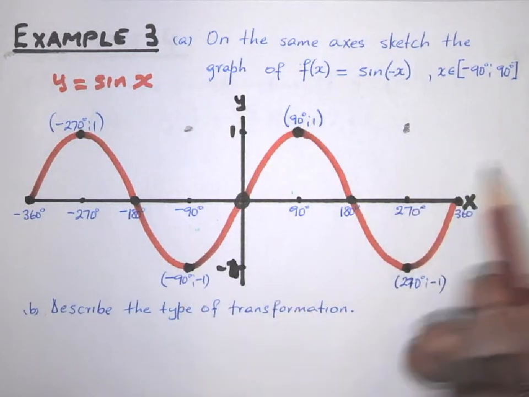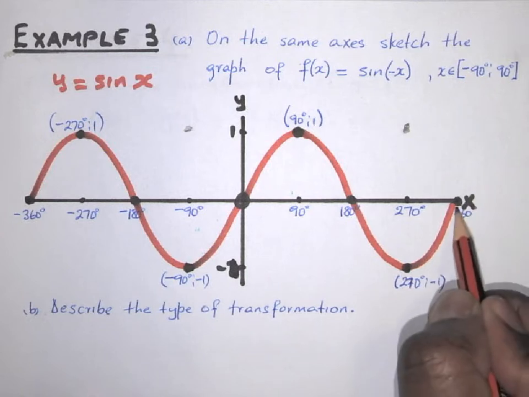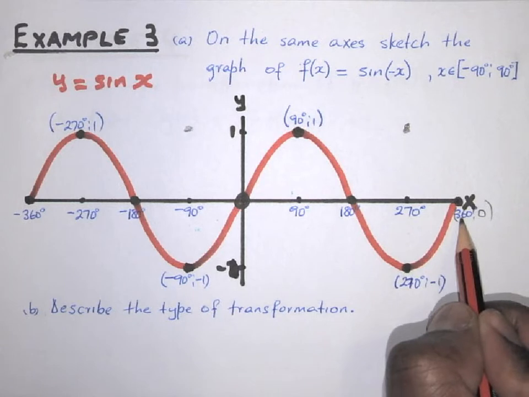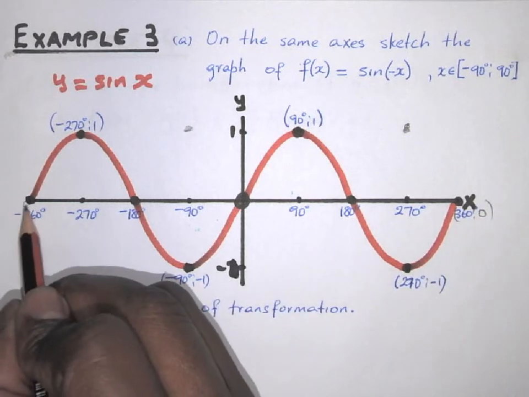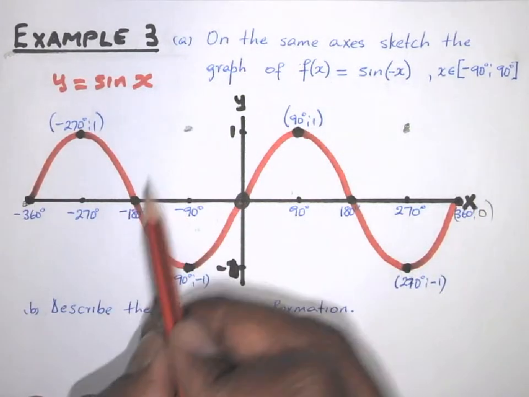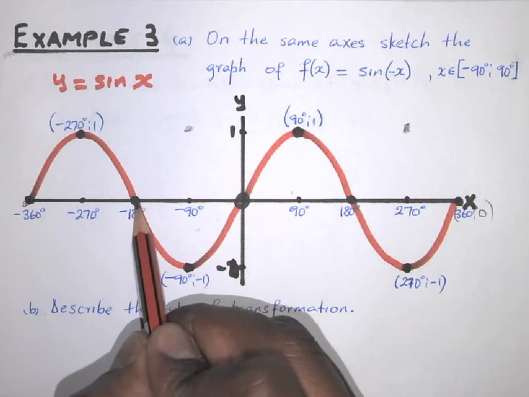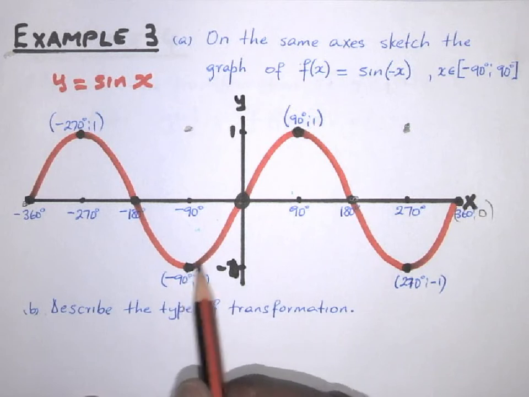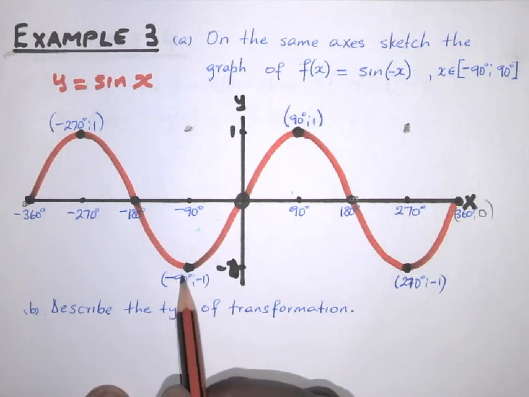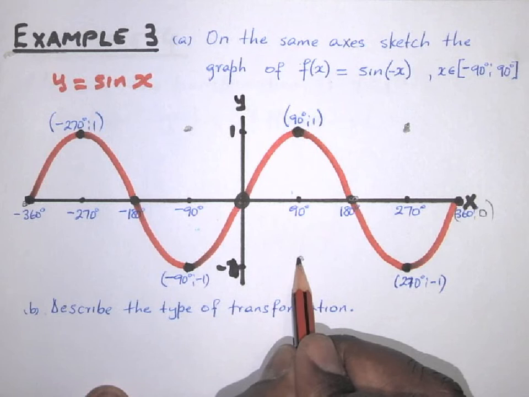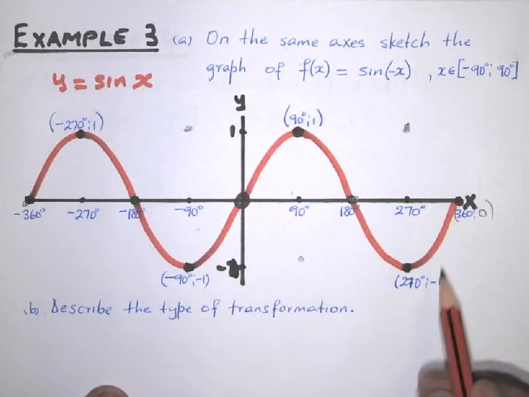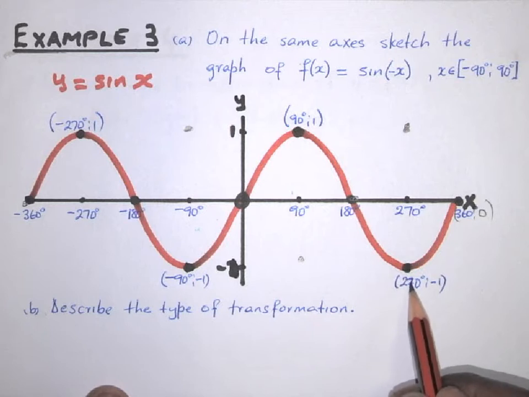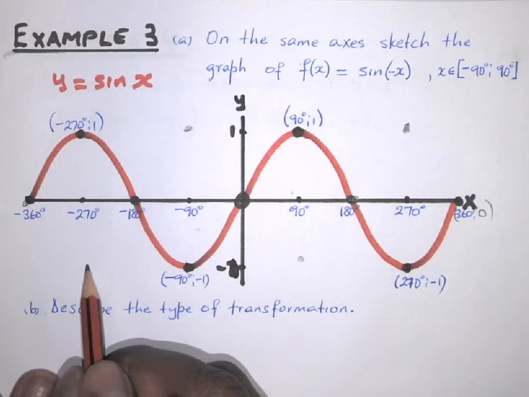If I take another point, say this one here, 360 degrees is to 0, and multiply this by negative 1, I'll have a point over there. Now, if I multiply this one by negative 1, I'll have a point over there. If I multiply this x value by negative 1, I get negative 270 is to minus 1. I've got a point over there.